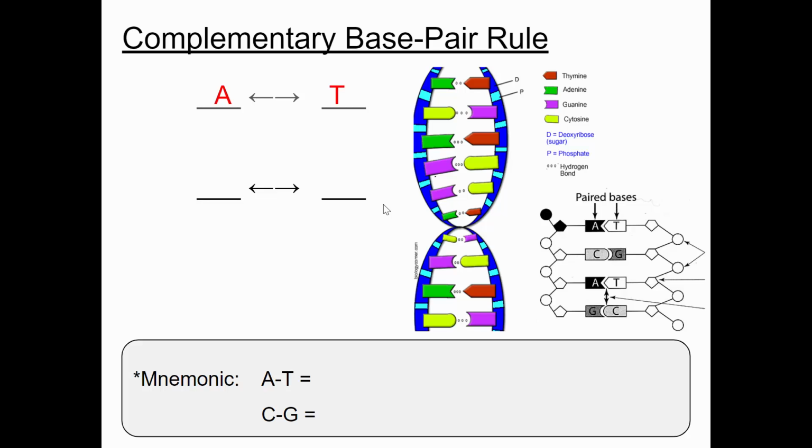If you have an A on one side of the DNA, its matching base on the opposite side is a T. If you have a G on one side, you have a C on the other side. They're matched together. The colors are just to help you see the matches; they don't really look those colors. Like green and red are always matched up here, and purple and yellow are not.